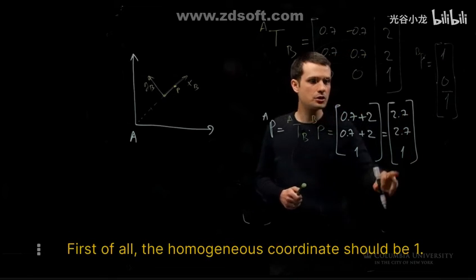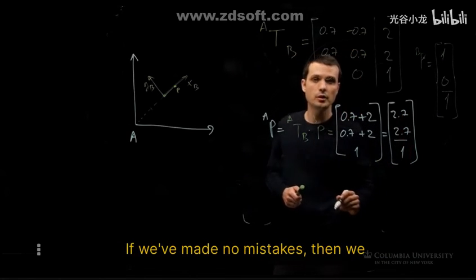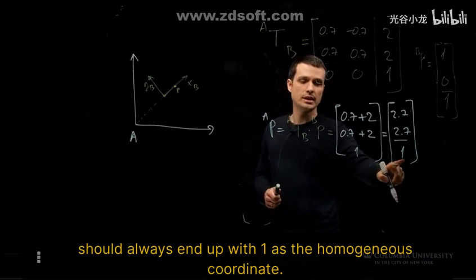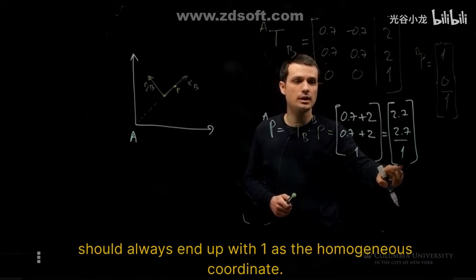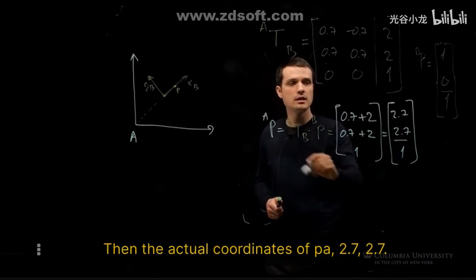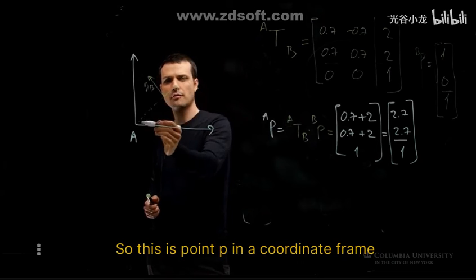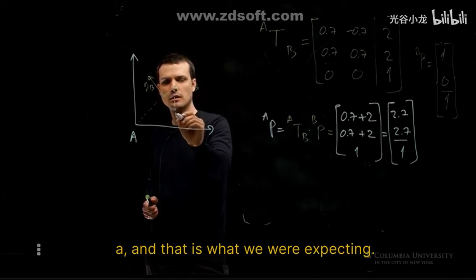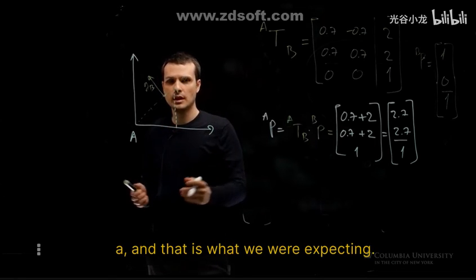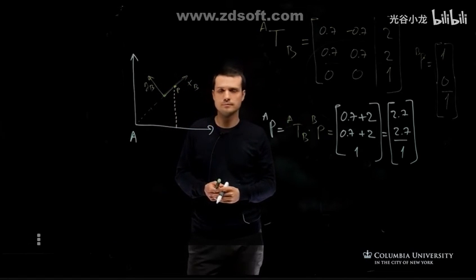Let's check this. First of all, the homogeneous coordinate should be 1. If we've made no mistakes, then we should always end up with 1 as the homogeneous coordinate. Then the actual coordinates of PA, 2.7, 2.7. So this is point P in coordinate frame A. And that is what we were expecting.